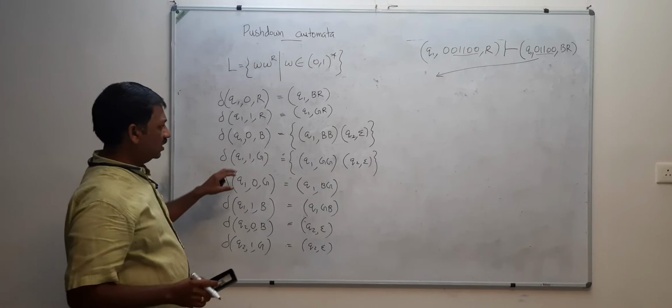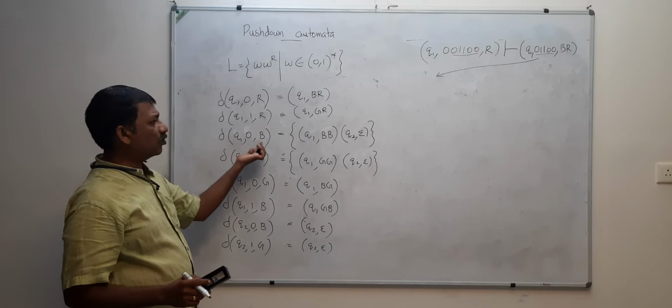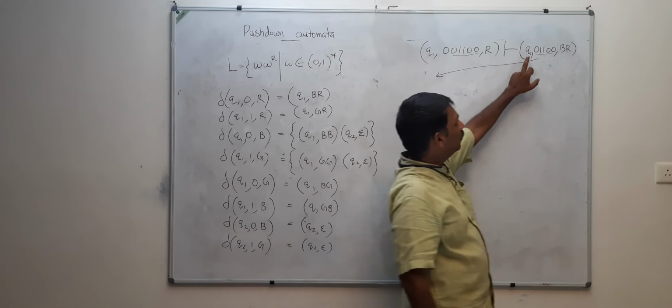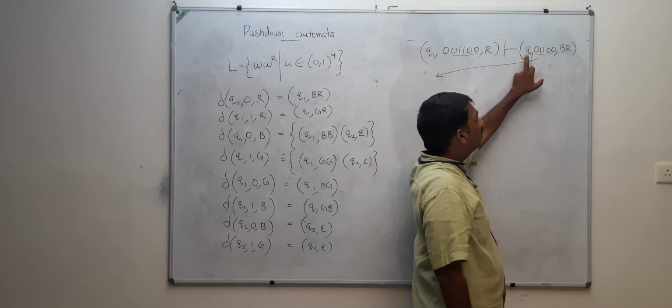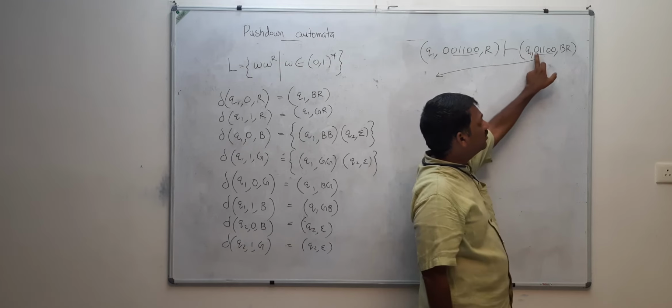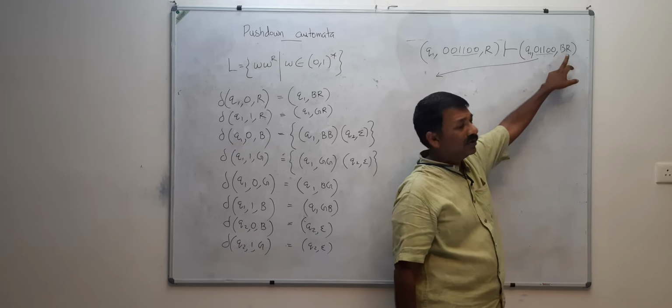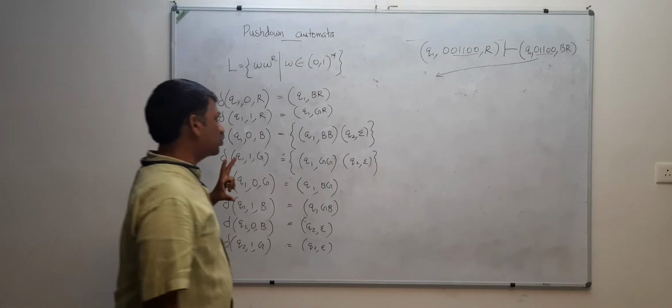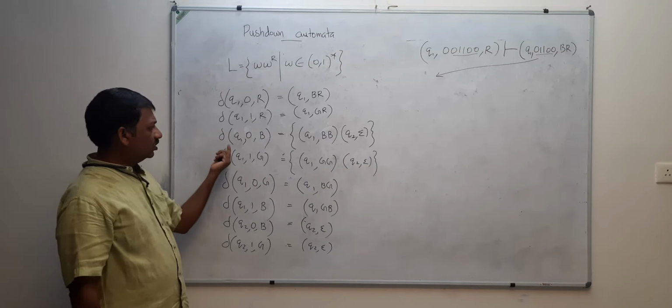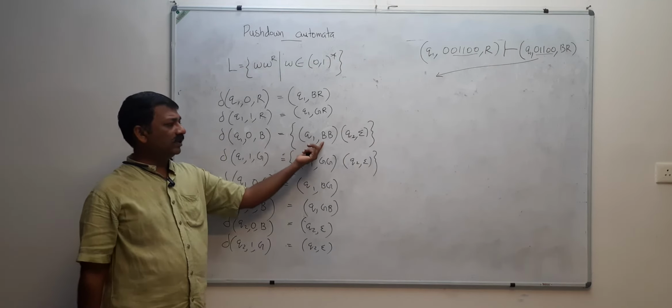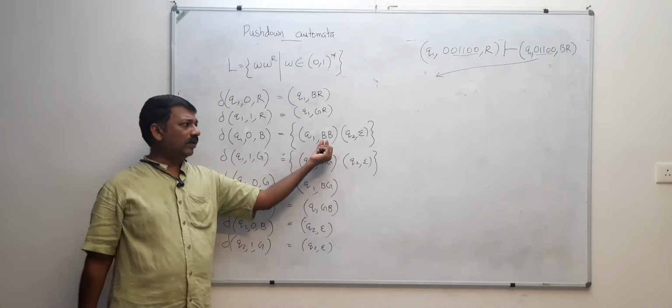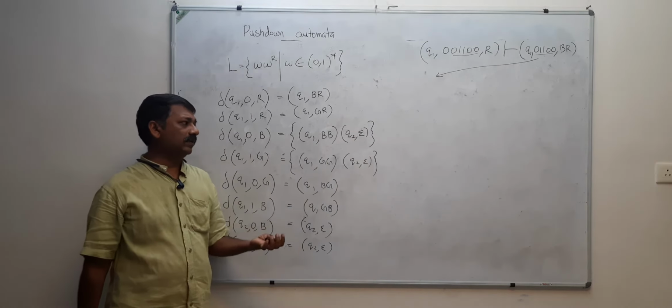That means here Q1, 0, B. Q1 is the current state, 0 is the next input, and blue is on top. In that case you have two possibilities: Q1 BB, that means you are pushing that blue element, or you can pop that B.